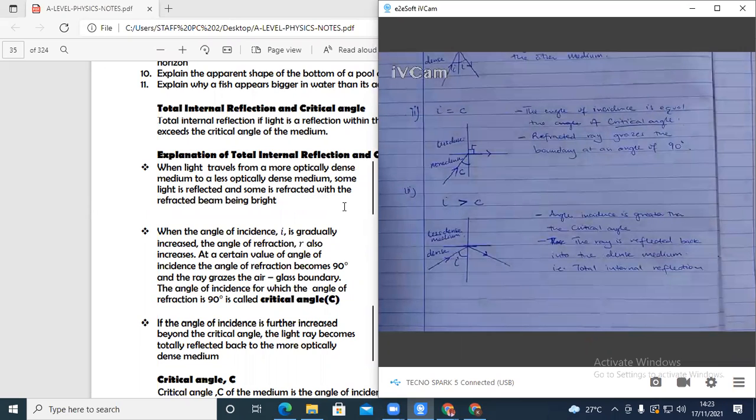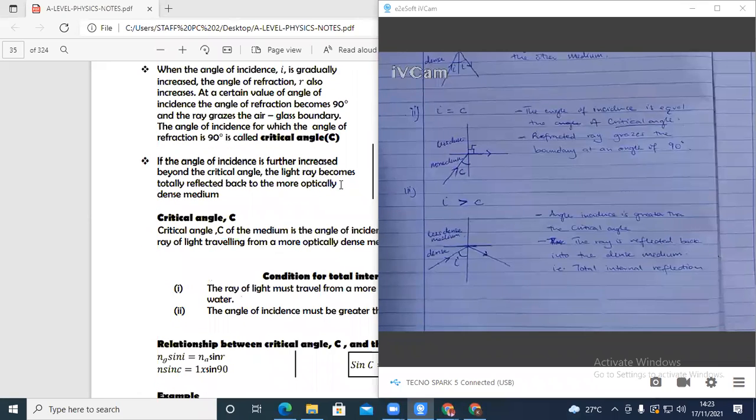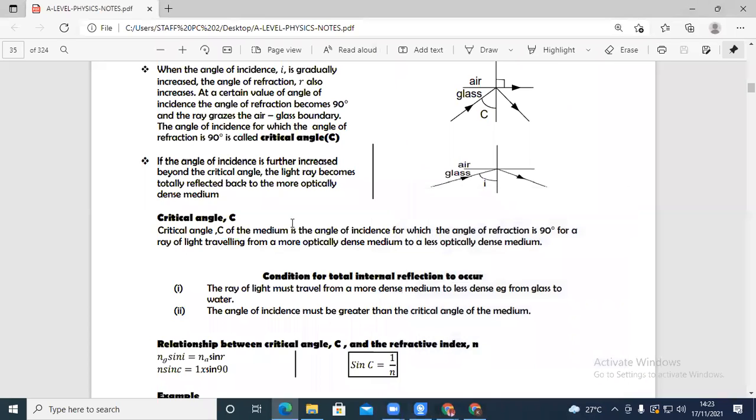And the critical angle is the angle of incidence for which the angle of refraction is 90 degrees for a ray of light traveling in a more optically dense medium to a less optically dense medium. So you can check with the notes there. All the notes are here, so you can write it there.